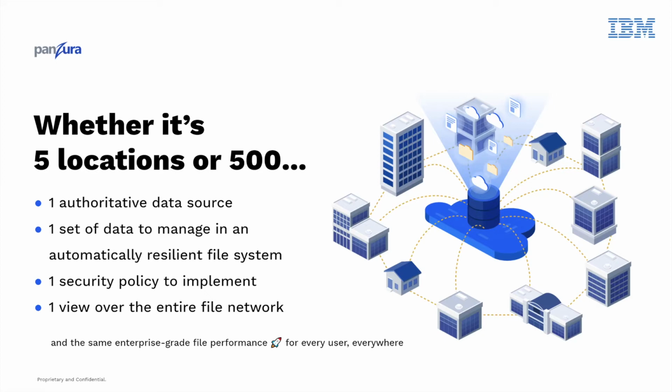So our filers are the front end to that IBM Cloud Object Storage on the back end that could be sitting halfway across the country, yet the magic of the Panzura filer, the technology that we have in there, the intelligent caching and how we handle data, how we handle metadata, which is what this presentation is going to be about, makes it feel like to the end user that that data is sitting there locally, right? So if you have 5 locations or 500 locations, it really doesn't matter to us. You have one authoritative data source. What we have is a global file system.